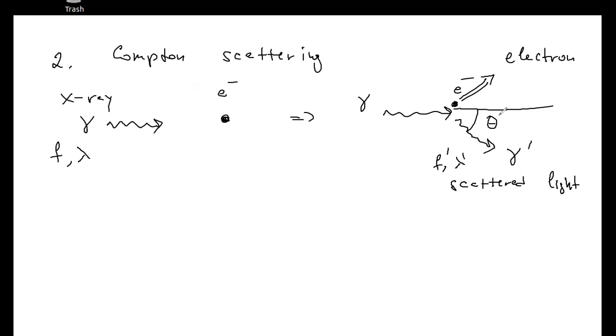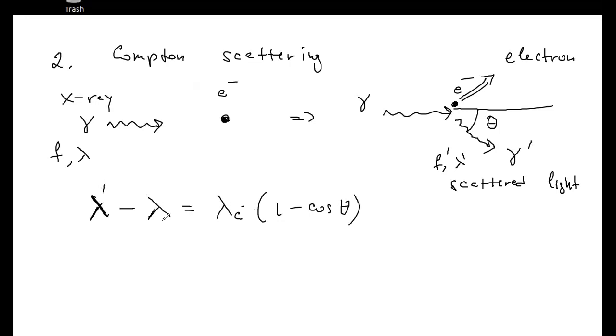What we notice in experiment is that the wavelength of scattered light is less than the wavelength of initial light, some constant, and 1 minus cos theta. So theta is the angle of scattering. Depending on which direction light is scattered, you're going to have different wavelengths of scattered light.